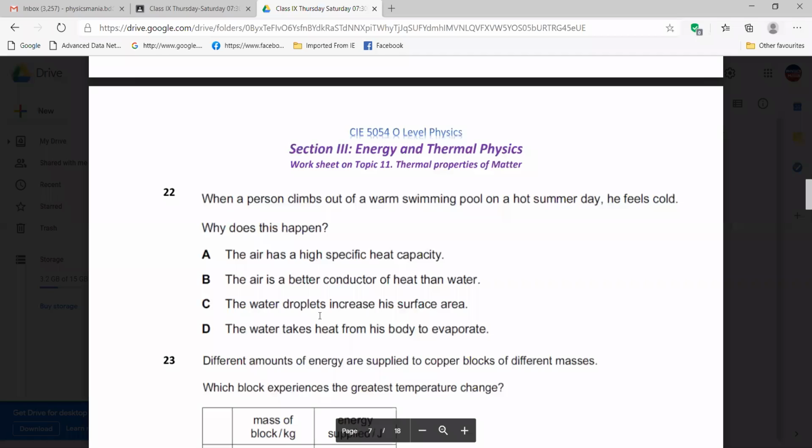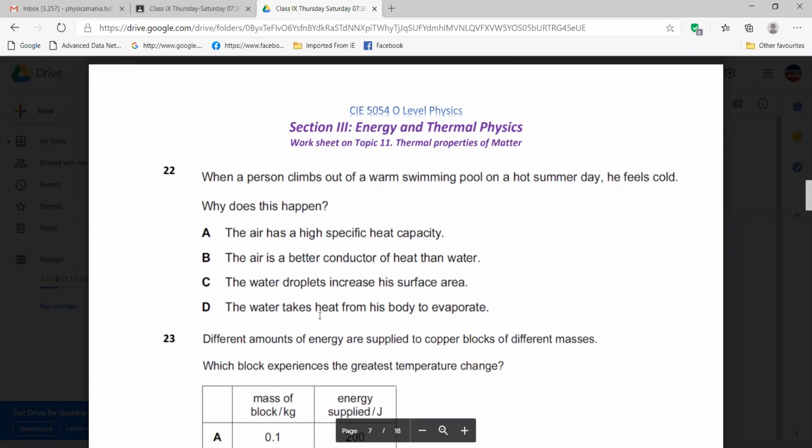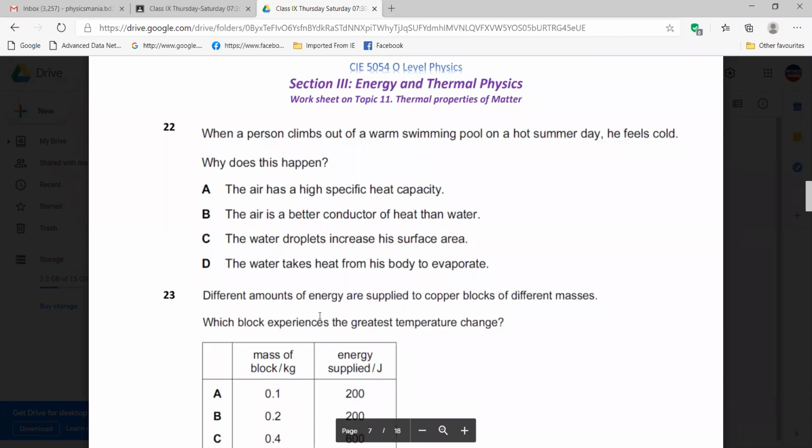I can remember twice I told you in last class that if you are taking a bath, there is some water left on your body, and when this water evaporates, then you are feeling cold because this water is taking some heat from your skin to be evaporated, right? So is it clear, Farabi? 22, the answer is D.